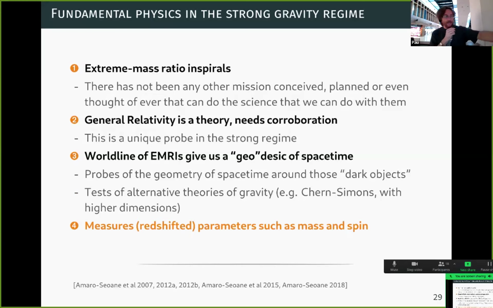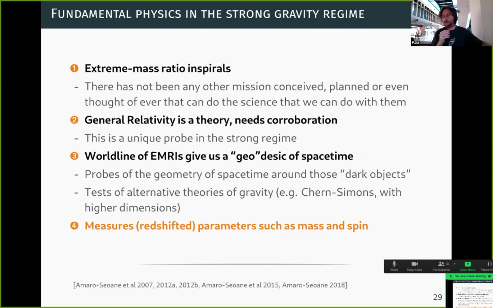And from the point of view of astrophysics, you can measure redshifted parameters such as the mass of the supermassive black hole and the spin with extremely low errors. So small that they are ridiculous. For instance, you can measure the redshifted mass with an error between 1 and 0.1%, and the spin between 0.1 and 0.01%, being pessimistic.